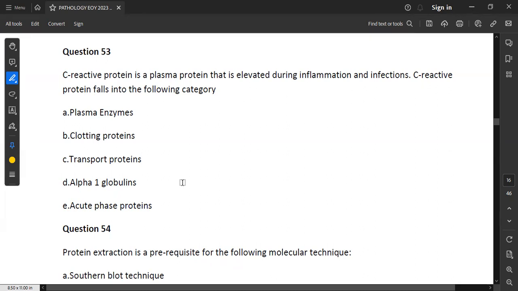Let's just mention other acute phase proteins. I'll just give you a list. We have CRP, we have complement proteins, haptoglobin, fibrinogen, and serum amyloid A. Yes, haptoglobin. Yeah.